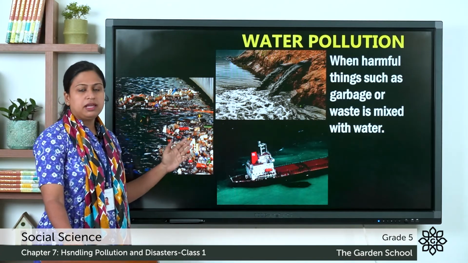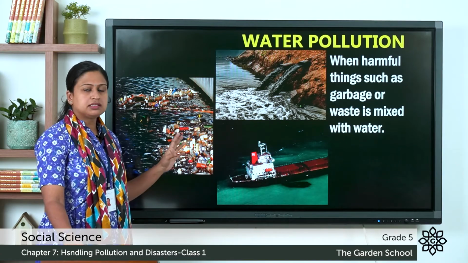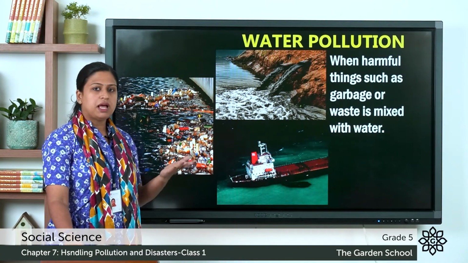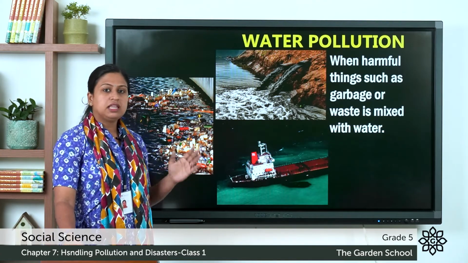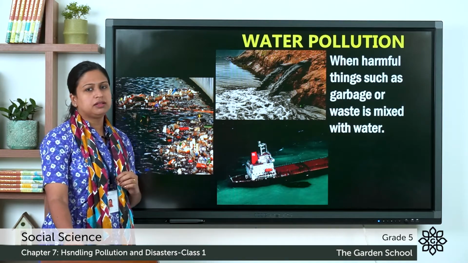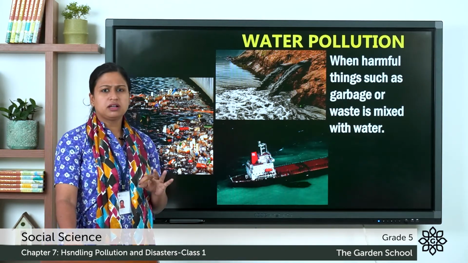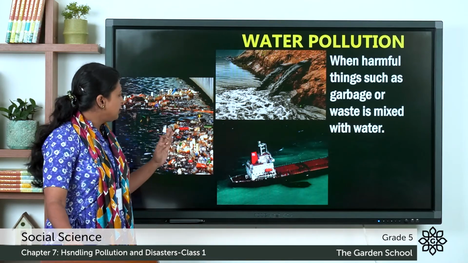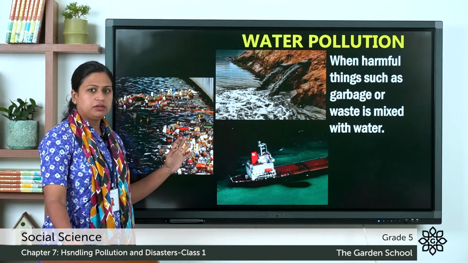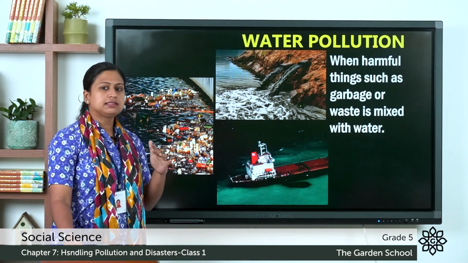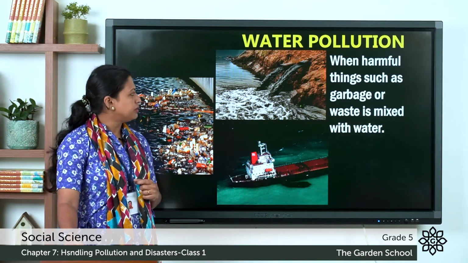These all remain as they are. This consists of polythene bags, plastics and cans. These are non-biodegradable. That means they do not decompose, and when they remain on the water, they release toxic substances that pollute water.